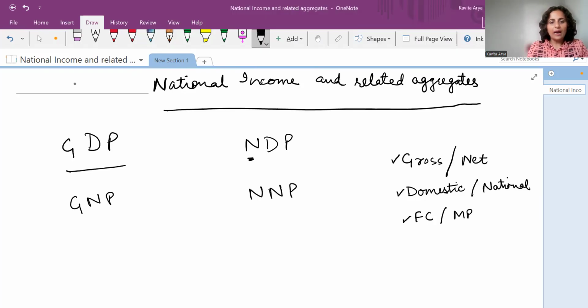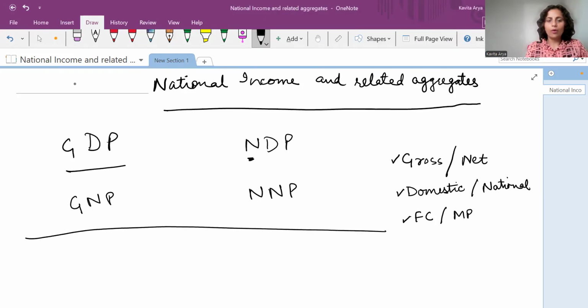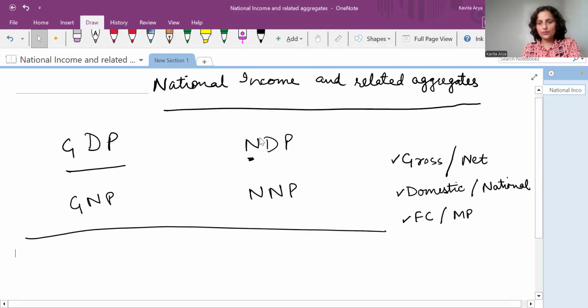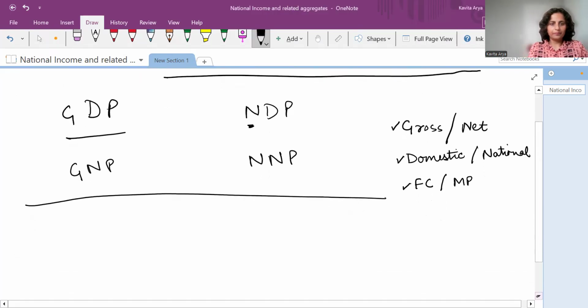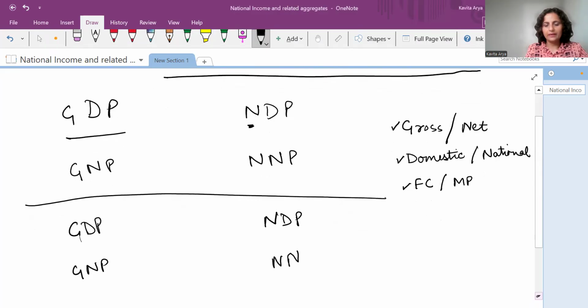So I would rewrite these four concepts: GDP, GNP, NDP and NNP.